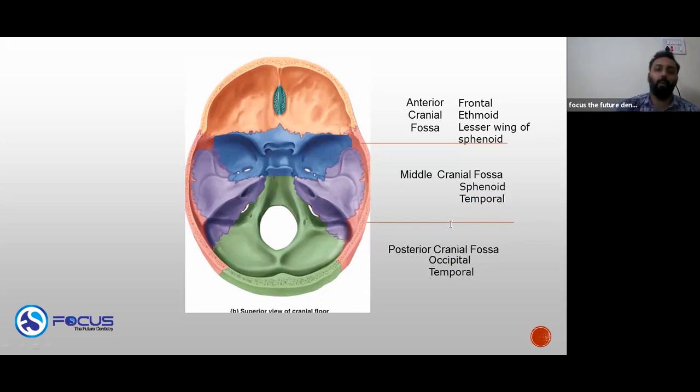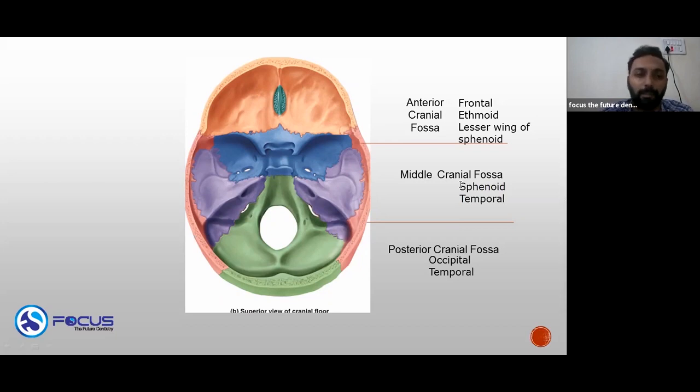And now, what all things do we need to know in these cranial fossas? We need to know which foramens are there, and what are the contents of these foramens. We will have a detailed look into those things. For the time being, understand what is anterior, what is middle, and what is posterior cranial fossa.